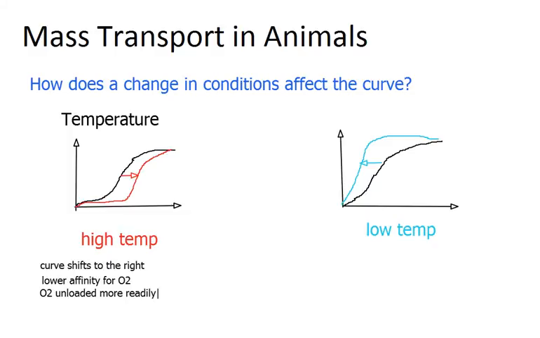And so, like the last slide, we can state that a high temperature does three things. Shifts the curve to the right, it means hemoglobin has a lower affinity for oxygen, and that oxygen can be unloaded more readily to respiring muscle cells. And this is the same but opposite for low temperature.